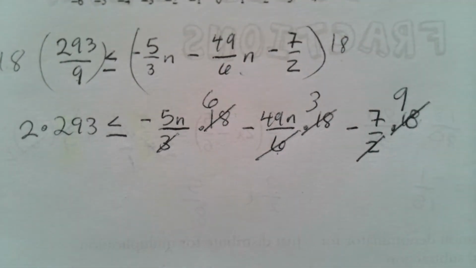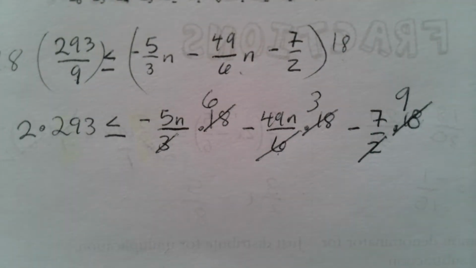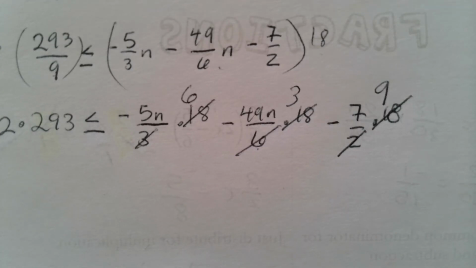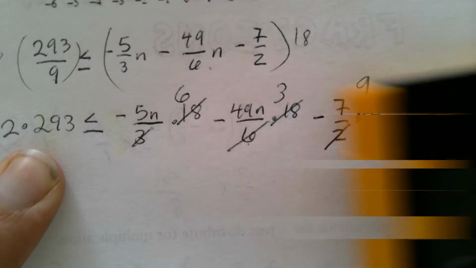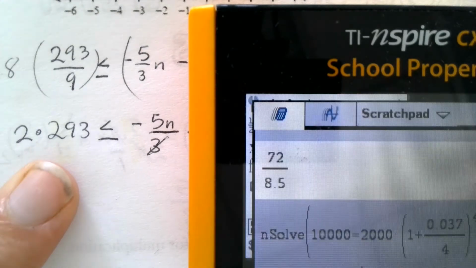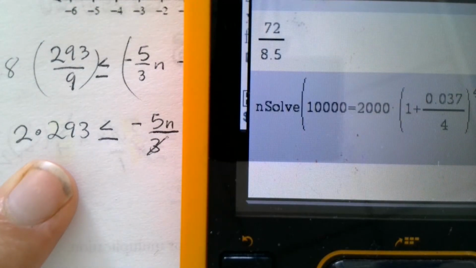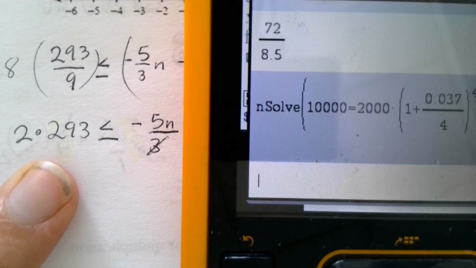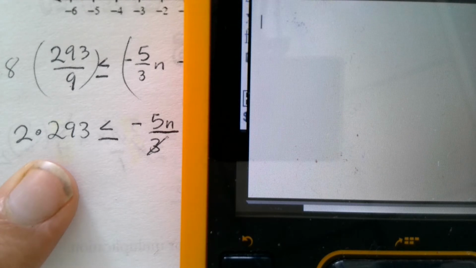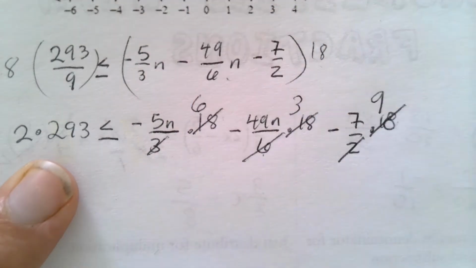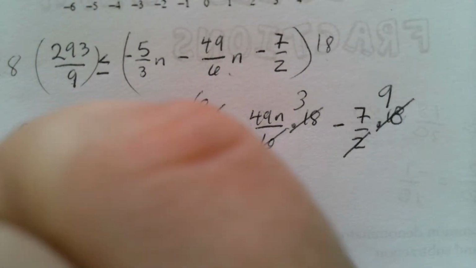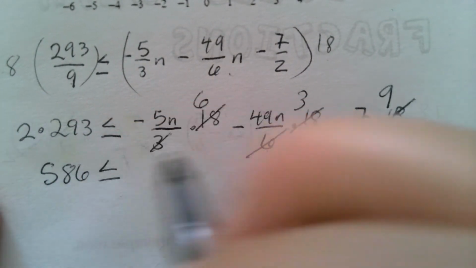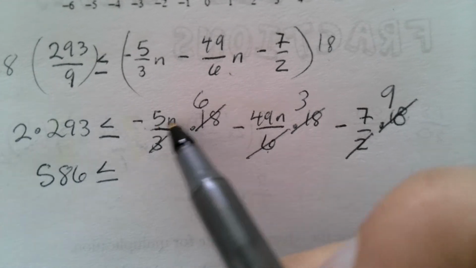Okay, so now this is 100% when we're going to want to use our calculators, because I'm pretty good at multiplying, but 293 times 2, I'm going to be using my calculator. So, 586. You guys okay with that? What is negative 5n times 6?